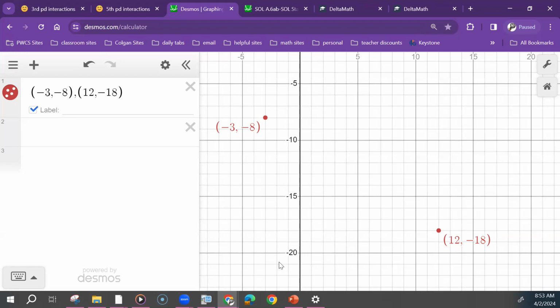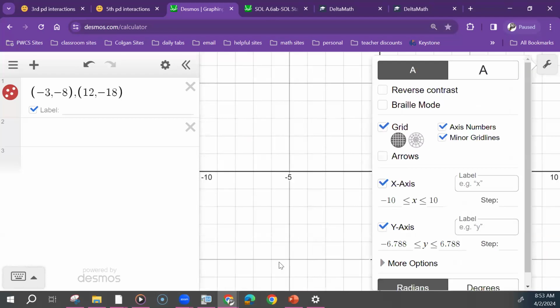For this one, because of the distance, you would have to be zoomed out enough to count each one, or you could change the graph. Change this so that the step is 1, so that the numbers stay there each time.